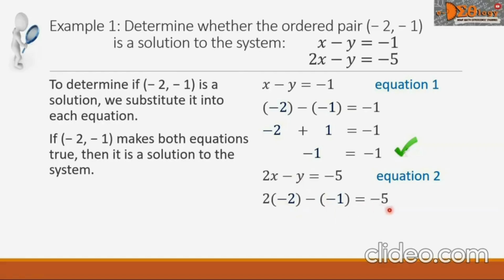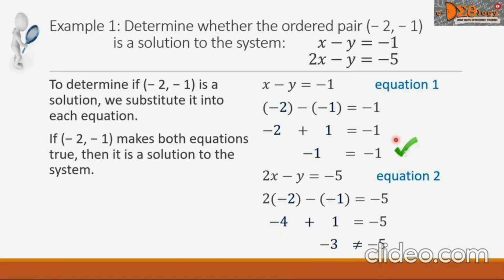Simplifying further, 2 times negative 2 will be negative 4. This negative sign and the negative 1 here becomes positive 1. And this is equal to negative 5. Simplifying the left side, negative 4 plus 1 is negative 3, which is not equal to negative 5.